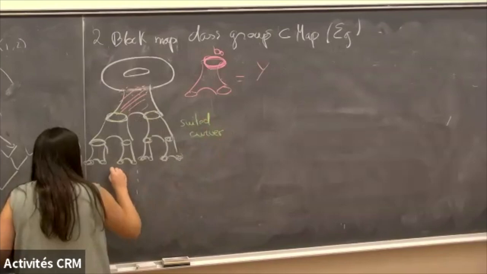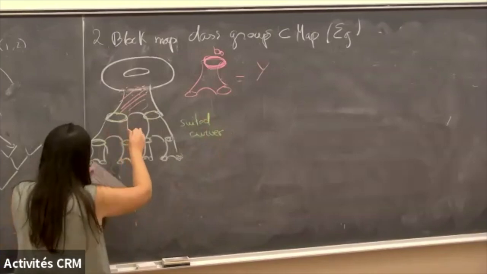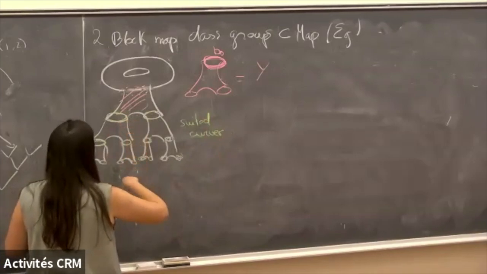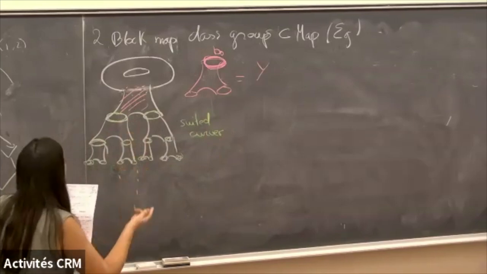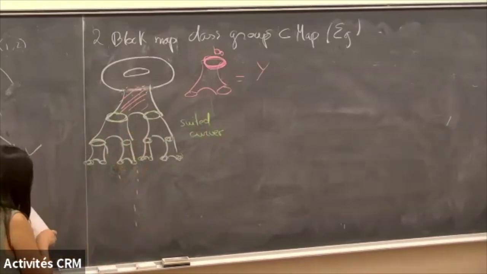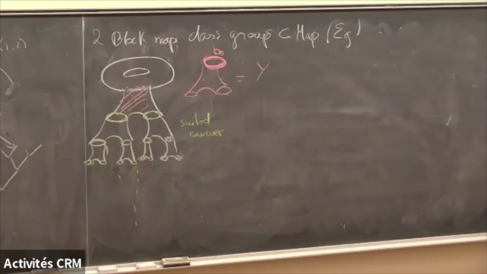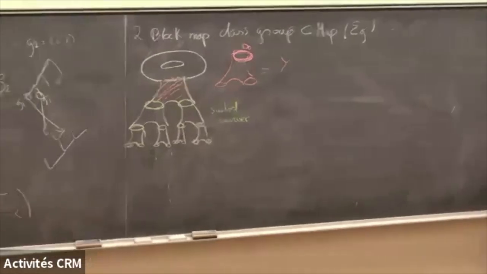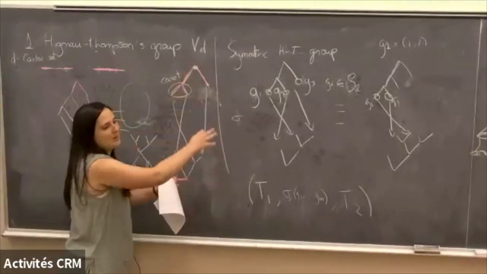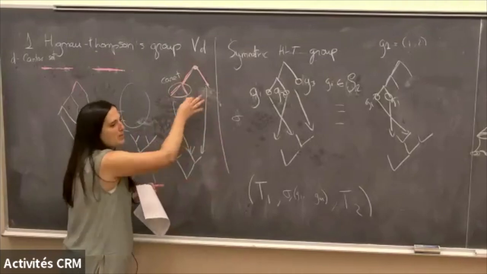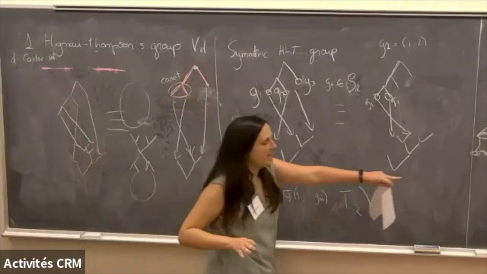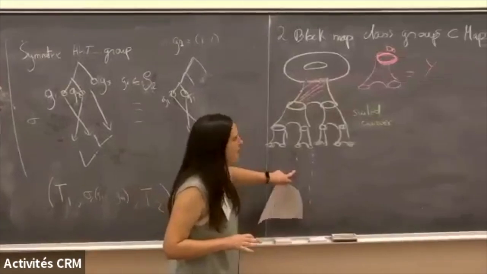And this, in the end, if I select a subsurface, I call them suited boundary components. Okay, so maybe another color. I will be working, because here I'm not using the infinite tree, but coverings of the Cantor set, so subtrees. Here I'm going to select subsurfaces.